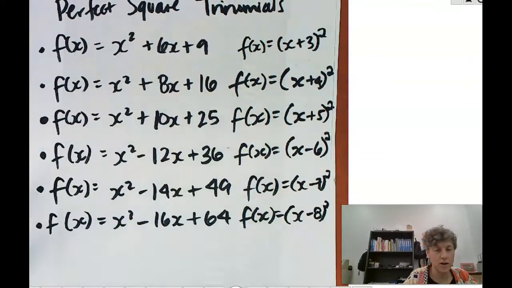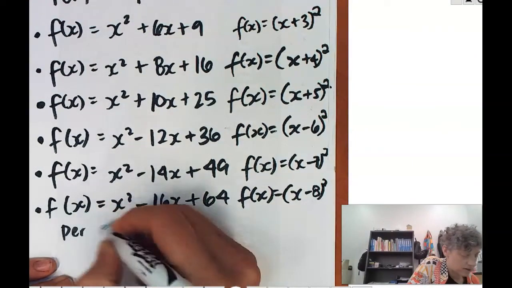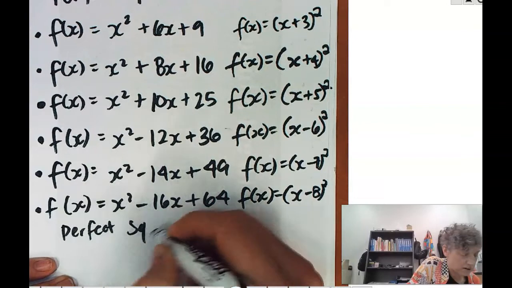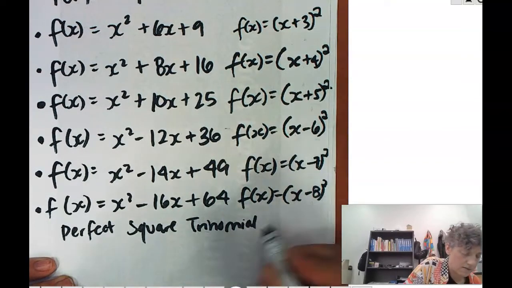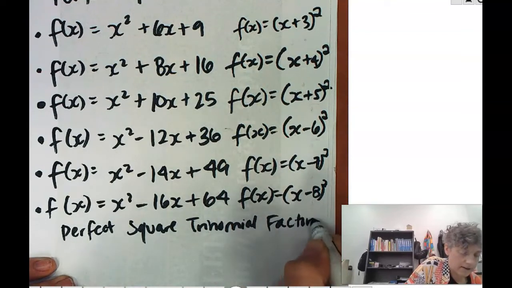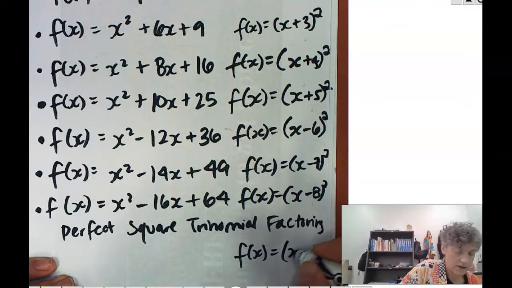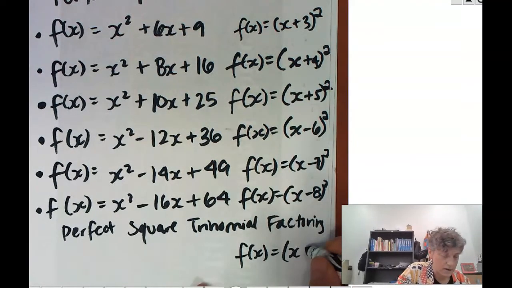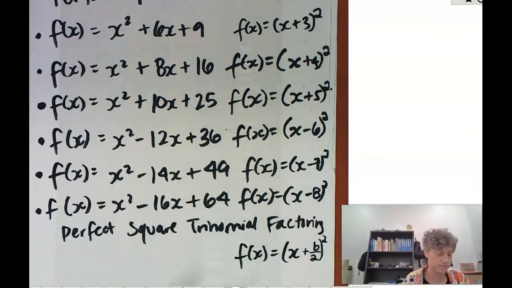So perfect square trinomial factoring. This is going to come down to f of x is going to be (x plus whatever the b term was divided by 2) squared.